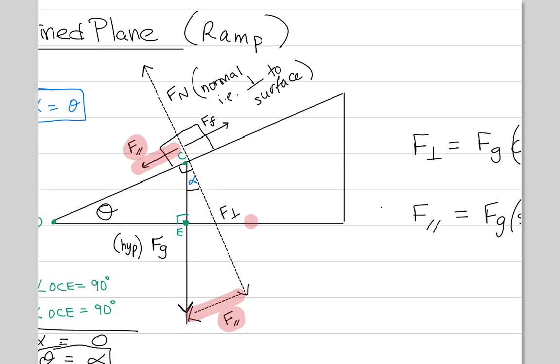Which ones? Be specific there, Mr. Hamza. Not necessarily horizontals. The parallels, yeah. So in order for this box to slide down the ramp at a constant velocity, the parallel component of the weight force has to equal the force of friction.